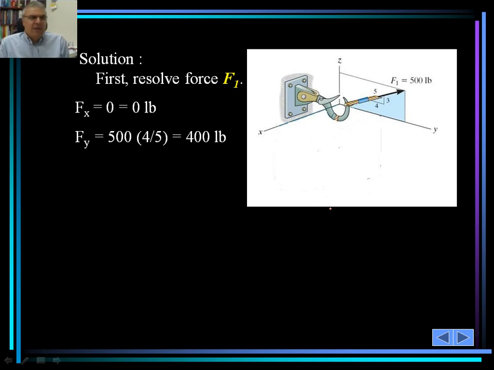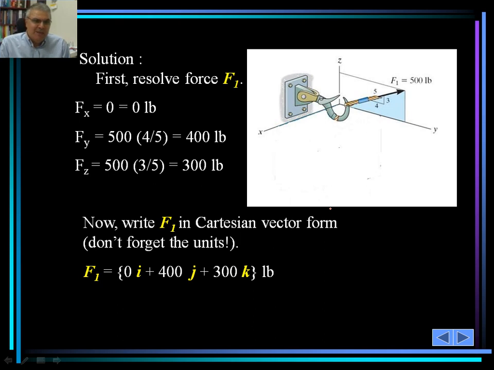In order to calculate f_y, using the similar triangles with a ratio of 3, 4, 5, we take 4/5 of that, and that would give us f_y, which is 400 pounds. For f_z, we take 3/5 of that, and that provides us with f_z as 300 pounds. So let's write F1 in Cartesian vector form.